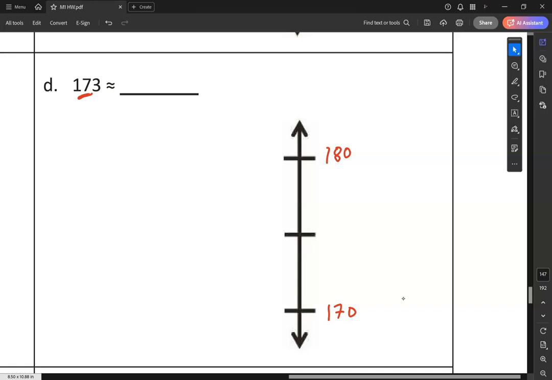What would be the halfway? 175. So now I'm going to plot 173, 170, 175. So is 173 below or above halfway? Below. So we're going to round down to 170.